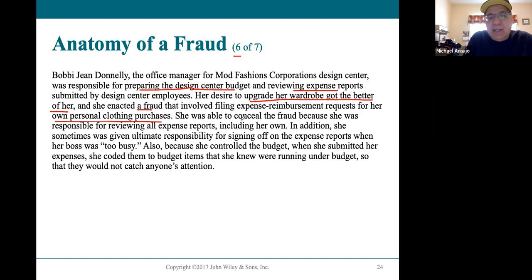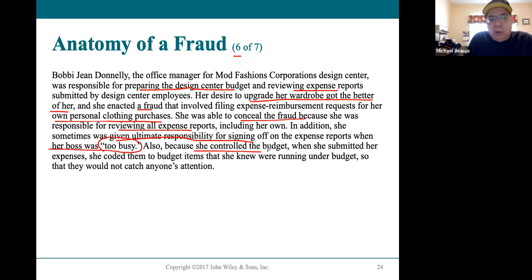She was able to conceal that fraud because she was responsible to review all of them, including her own. Additionally, she sometimes was given the ultimate responsibility for signing off on all the expense reports when her boss was too busy.